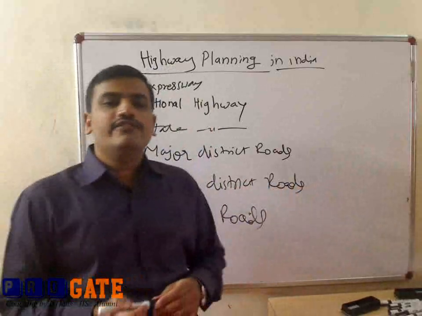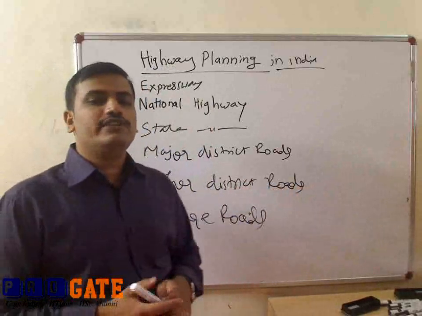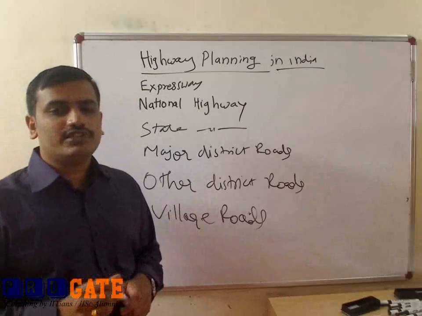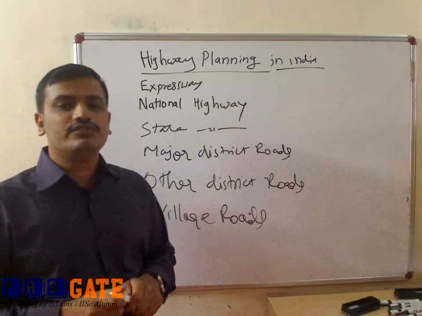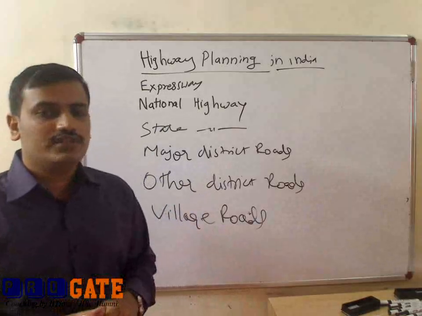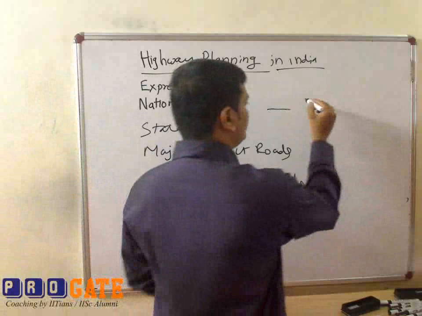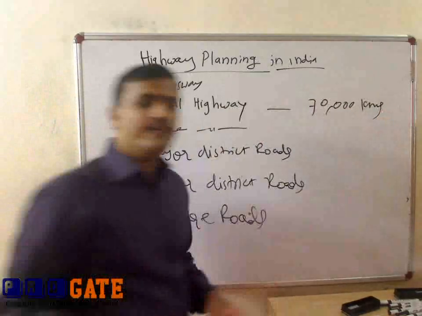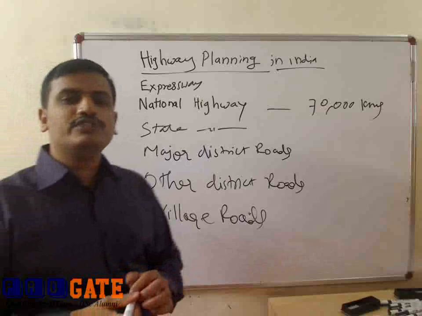Expressways and national highways are the primary road network. State highways and major district roads are the secondary road network. And in the tertiary road network, other district roads and village roads are included. National highways at present have 70,000 kilometers of road network.